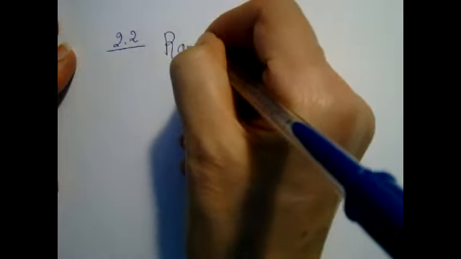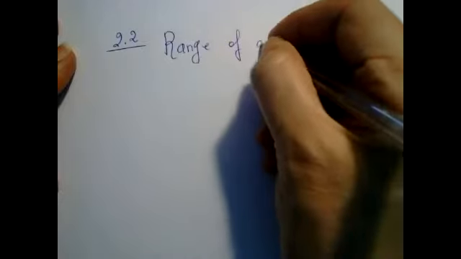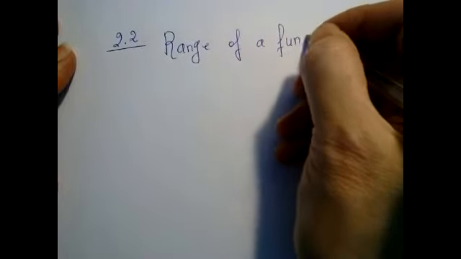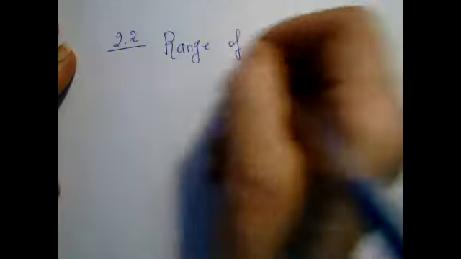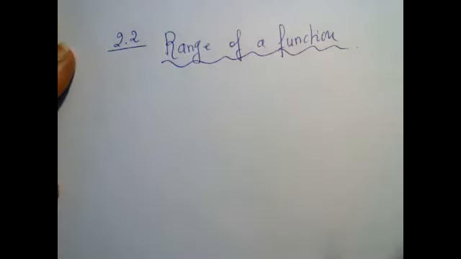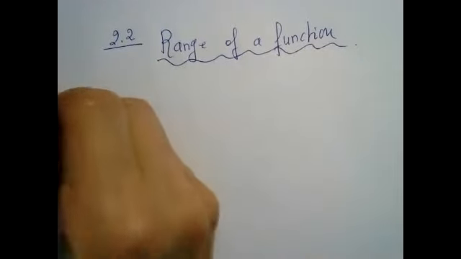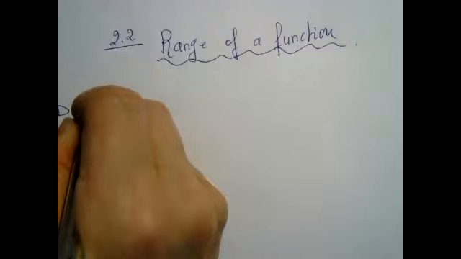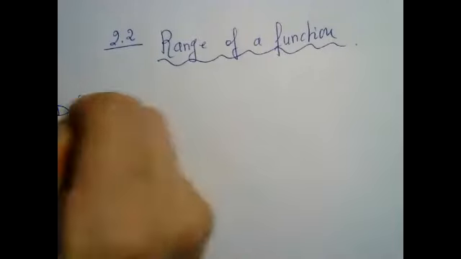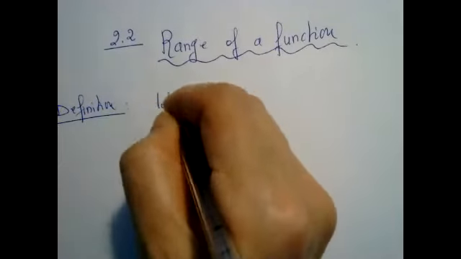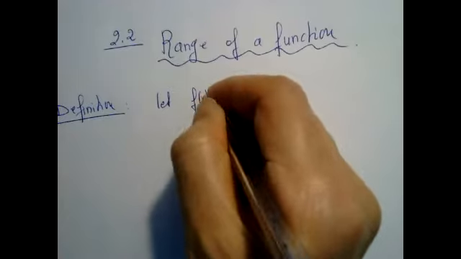Section 2.2, range of a function. Okay. First, the definition. So what's a range? Let f of x be a function. It means you have a rule.